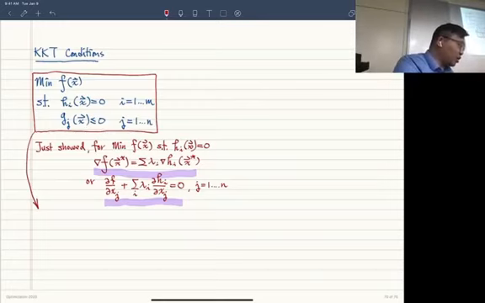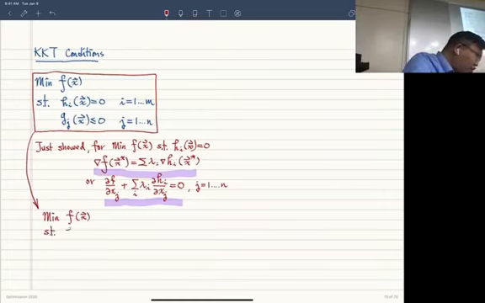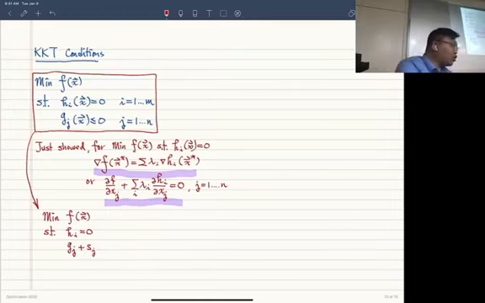Everything becomes equality. Okay, so when we do that, we just need to introduce the slack variables. Okay, so let's introduce slack variables. Over here, I can keep all my hi equals 0. Okay, but for my gj, I'm introducing some sj for each equation.